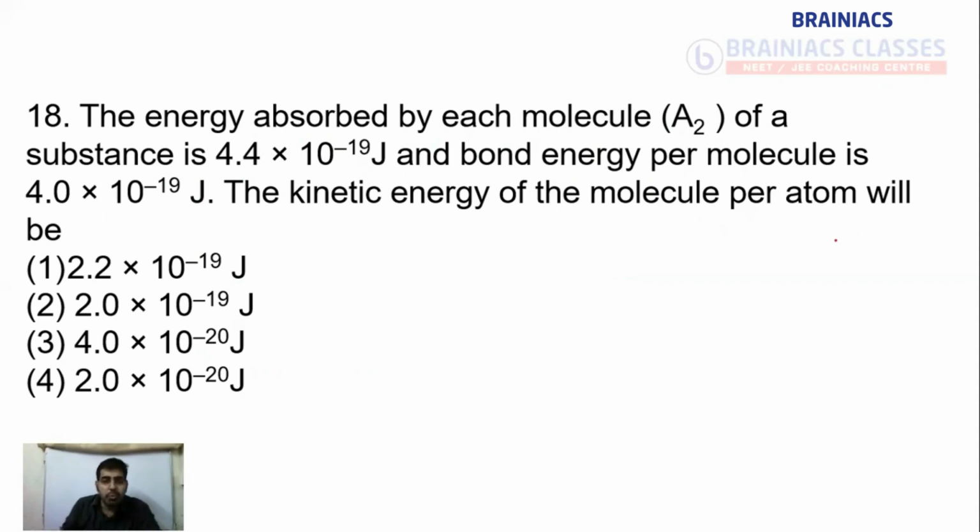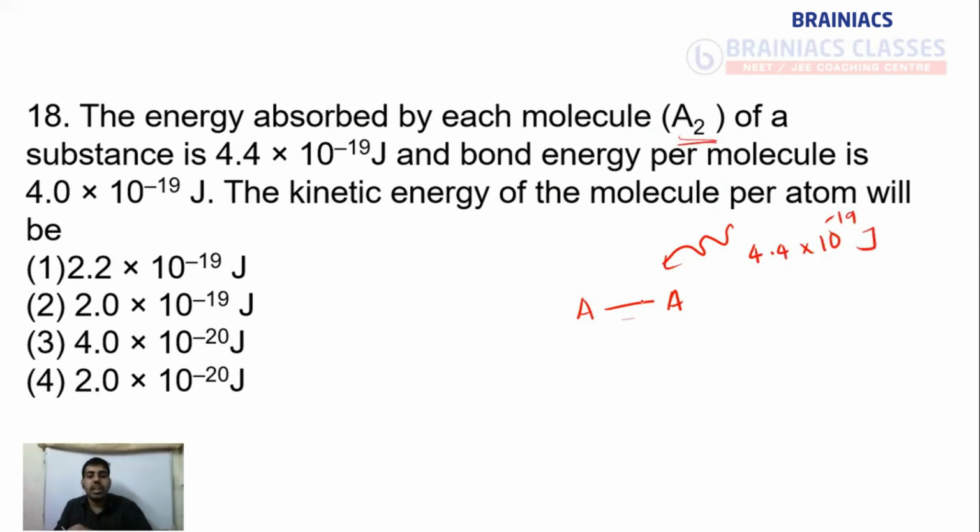The kinetic energy of the molecule per atom will be. So here an A2 molecule is there, the energy absorbed by each A2 molecule of a substance. The A2 molecule, that is the AA molecule, is absorbing 4.4 into 10 raised to minus 19 joules of energy.